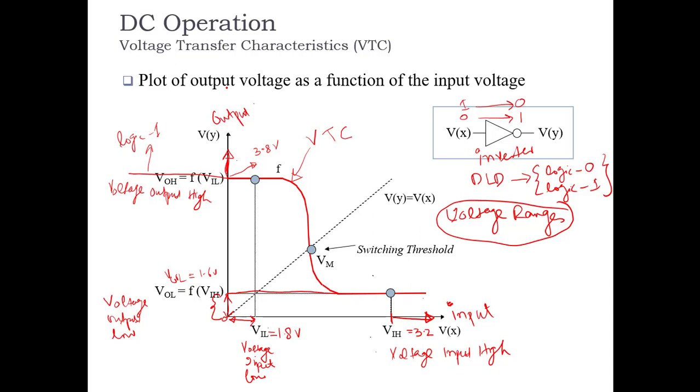Okay, so now you know that the logic levels are basically voltage ranges, and the middle point is the switching threshold, and we have this region where the voltage is sharply reducing. Here the gain is very high.